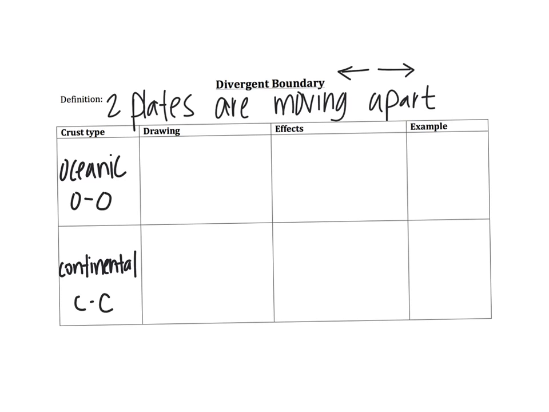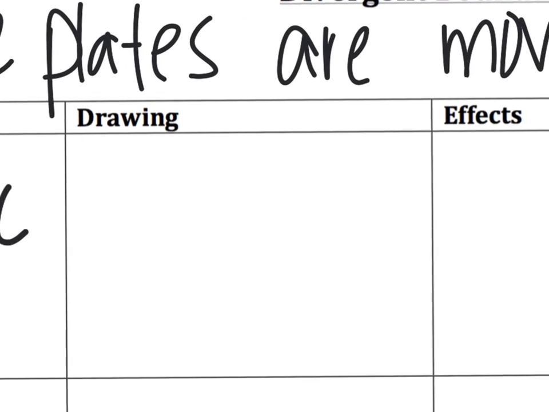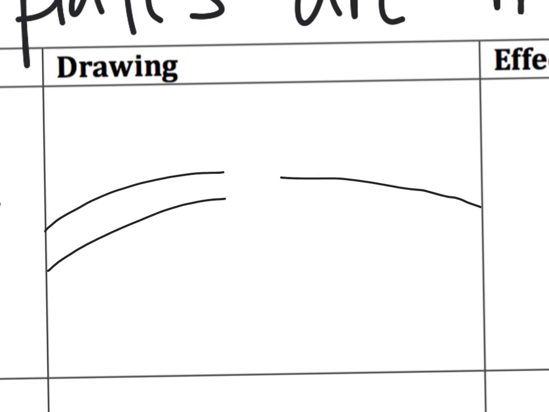All right, so I'm going to kind of zoom in here on the drawing of the oceanic and oceanic. We start by drawing our plates. So this is a crust, and the crust type is oceanic. So I'm going to write that on there.